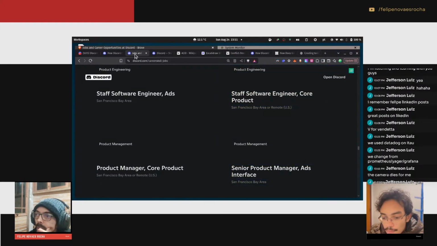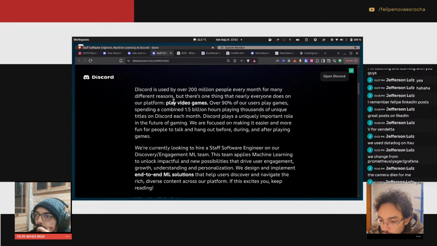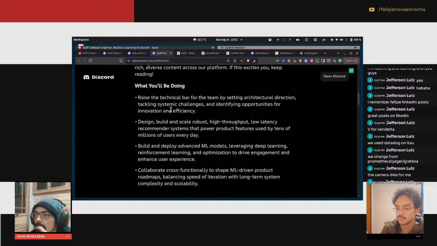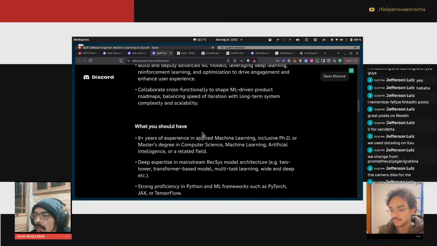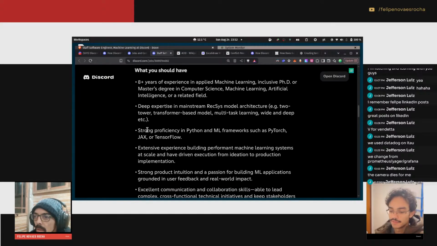So here they have Discord, used by 200 million people every month. Play video games, billions of hours. So, 8 years of machine learning, inclusive PhD or master's degree in computer science, machine learning, artificial intelligence, or mathematics.